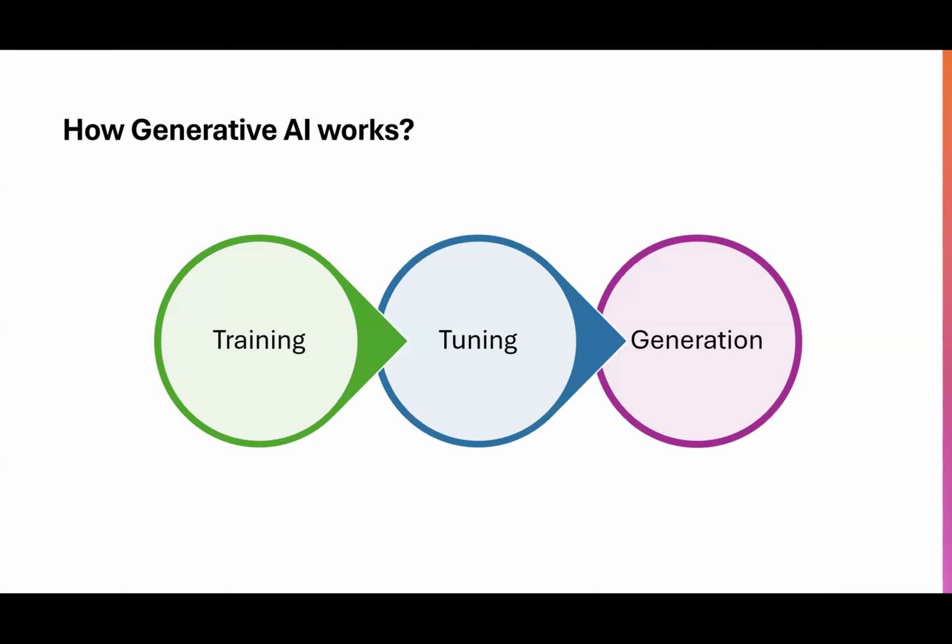This can be done in different ways, one of them being the fine-tuning process. The third phase is generation, where we evaluate the tuning process to assess the generative AI application's output and also to improve the quality of this output.